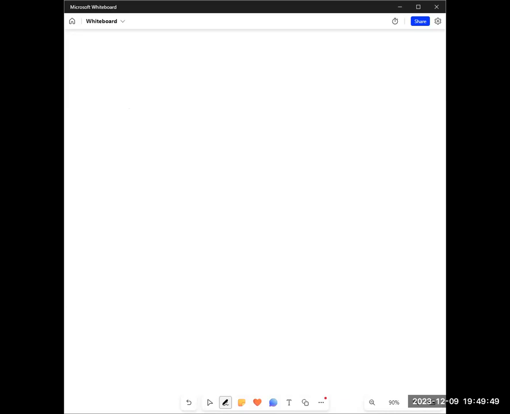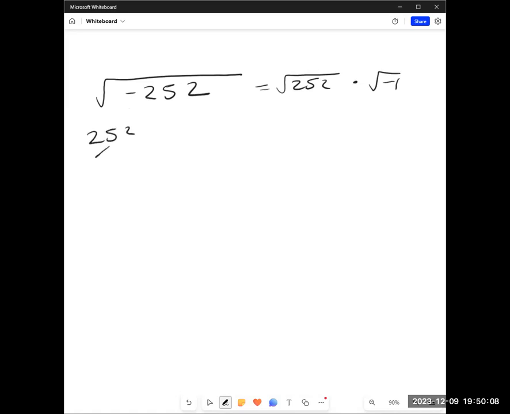So now we have root negative 252. It's going to be root 252 times root negative 1. So let's look at 252 and see what it breaks down into.